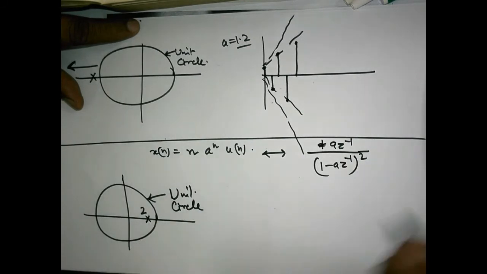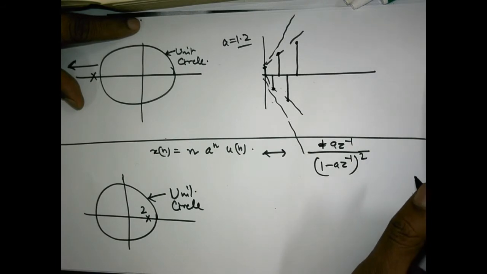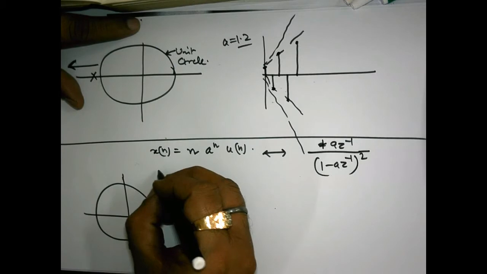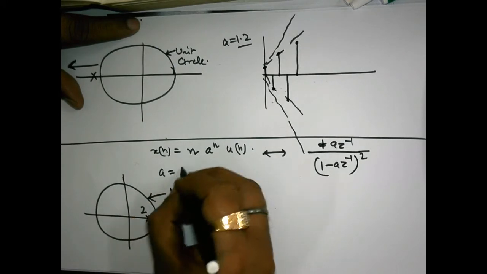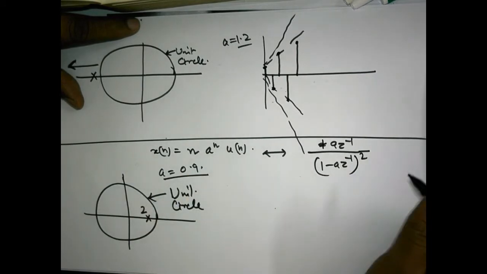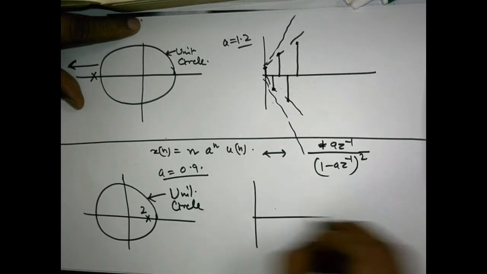Then what will be the shape of the corresponding signal? Suppose, for example, we take a to be equal to 0.9. The location of this pole is a, and the value of a is 0.9. How will the signal look?